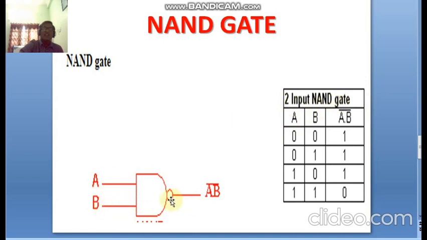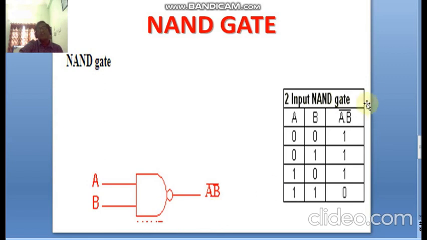Here this is a bubble; if there is no bubble, it indicates an AND gate. It is a combination of AND and NOT gates, therefore the final representation of the NAND gate is like this. We get AB bar, which means not AB.